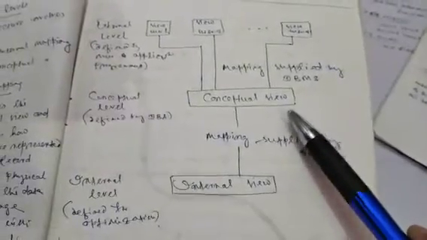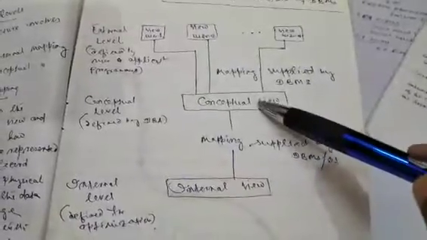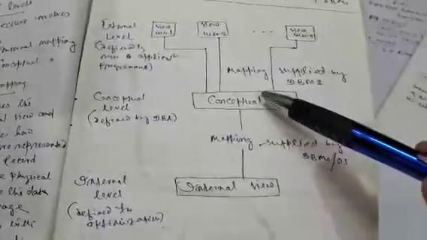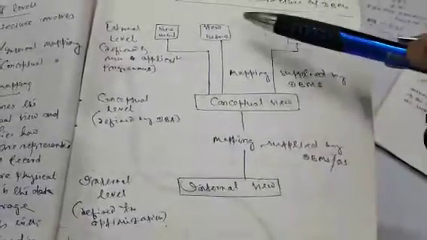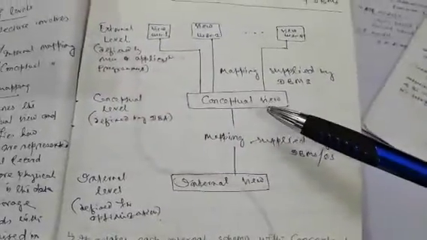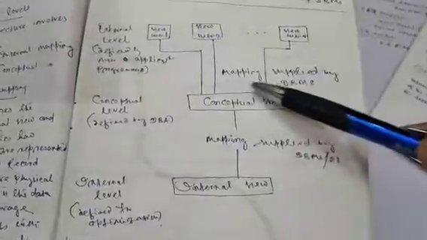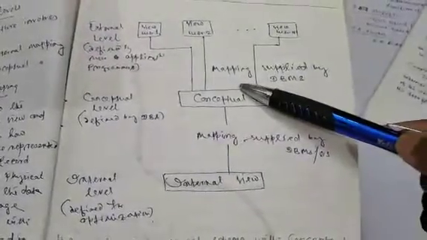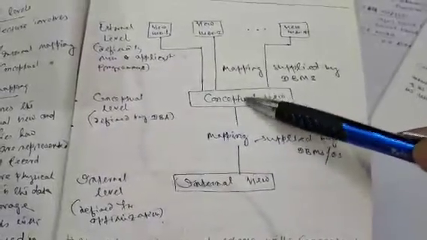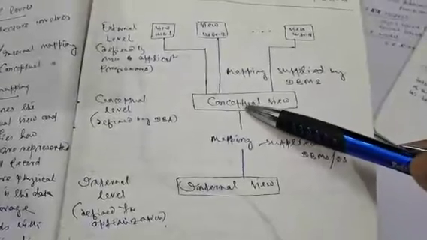This level contains information about the entire database, because it has two mappings, as already discussed: the mapping with the external level and the mapping with the internal level. This conceptual level is defined by the database administrator or application programmer. It contains information about the entire database in terms of a small number of relatively simple structures.